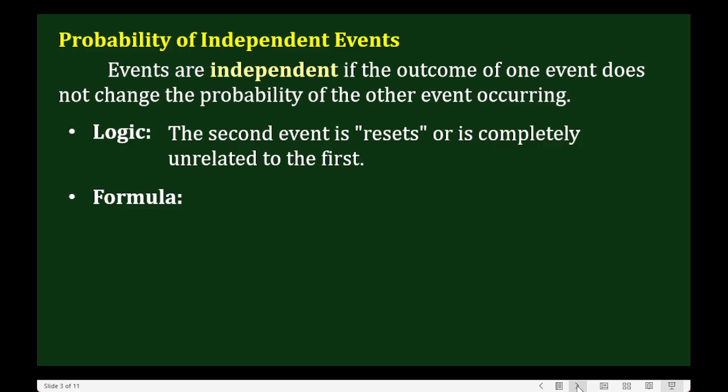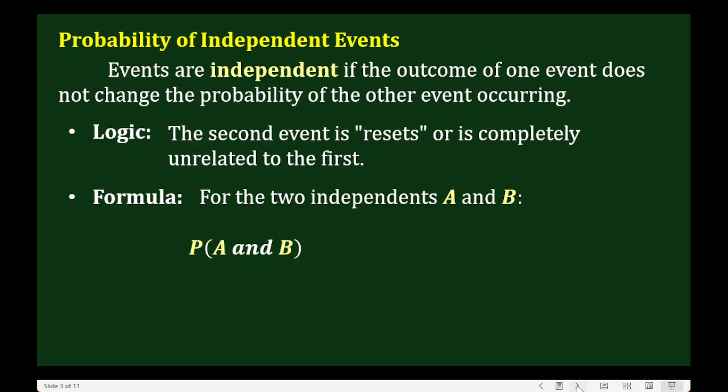As for the formula, for two independent events denoted by A and B, the probability of event A and event B is equal to the probability of A times the probability of B.